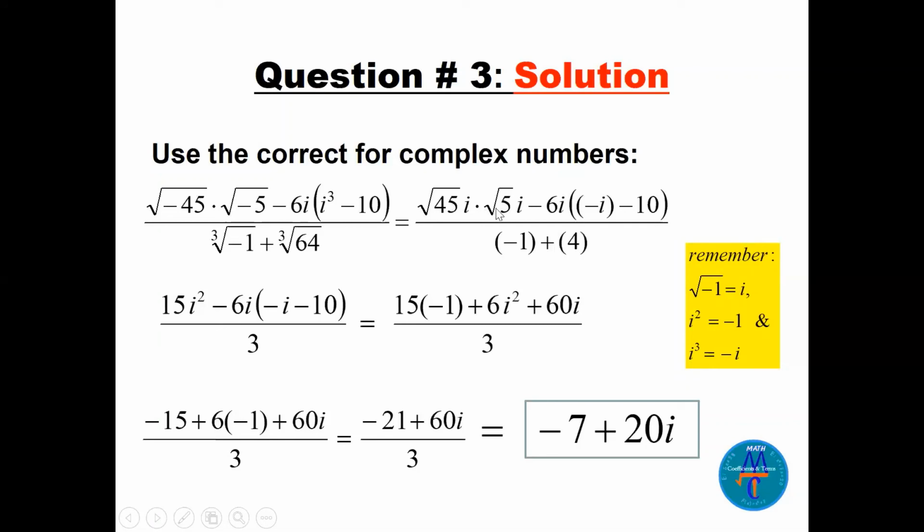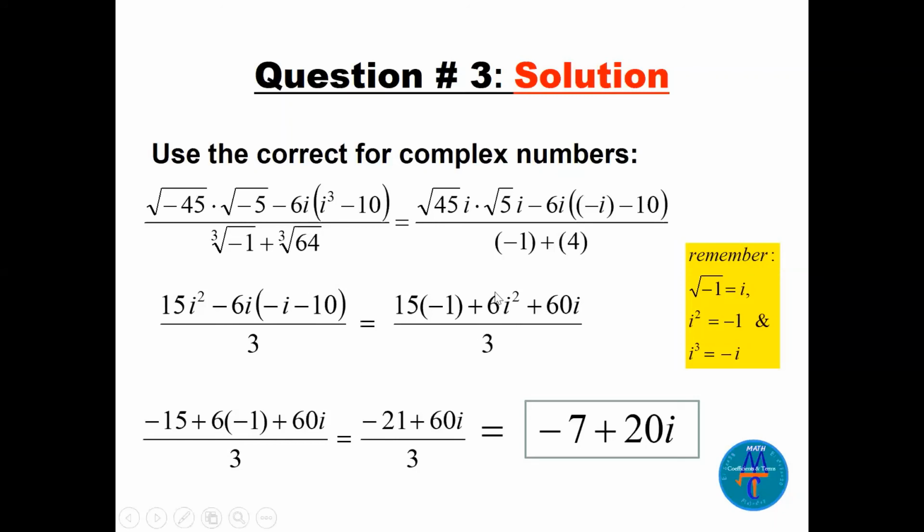Square root of 5 times square root of 5 will be 5. So that's 15i squared, times minus 6i in the bracket. We have minus i minus 10. So i squared is minus 1, will be minus 15. And this is plus 6i squared, plus 60i.